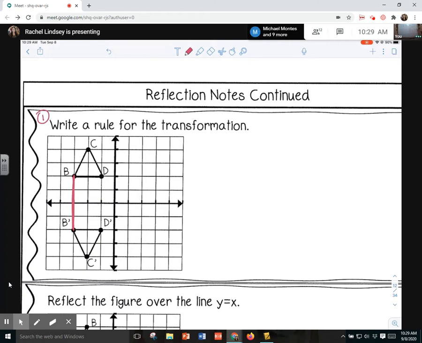They're 4 apart, right? Meet halfway between them, and that's where your line of reflection would be. This line of reflection is always halfway between them. So looking at that, what is that line of reflection? It is on the x-axis. So what we have here is a reflection over the x-axis.